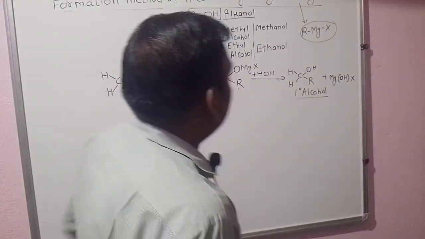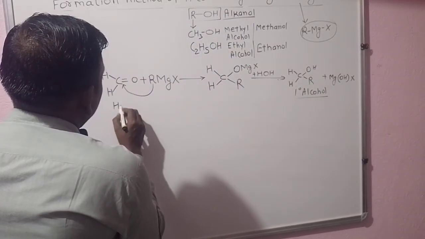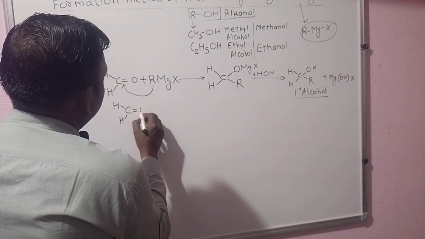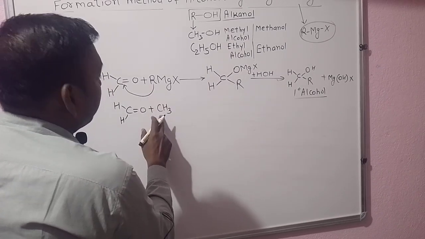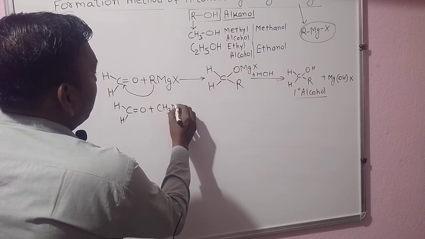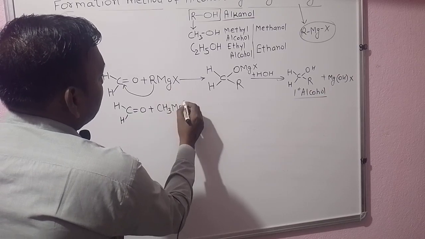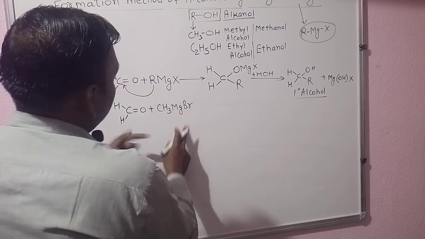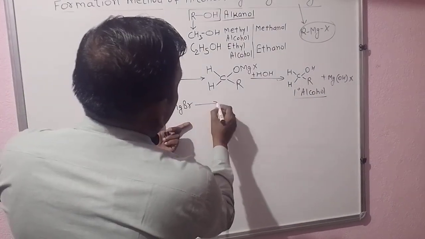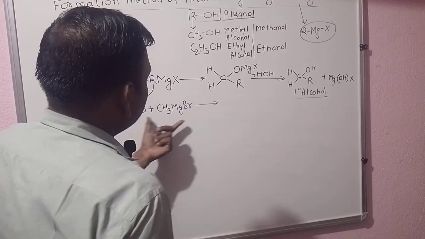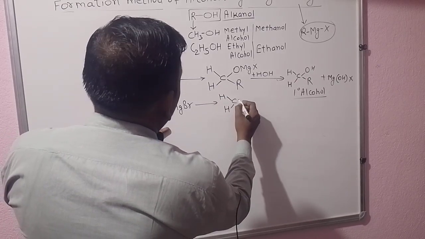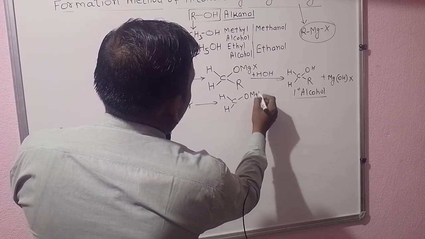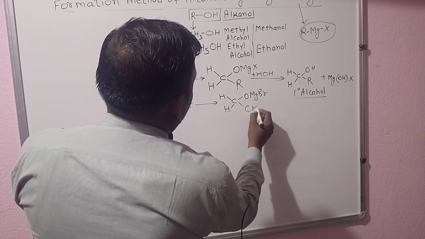For example, HCHO plus, in place of R we take the methyl group CH3Mg, and in place of X we take Br. CH3MgBr is methyl magnesium bromide. They will react with each other and form HCHOMgBr, and here is CH3.